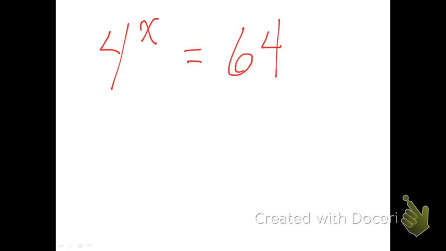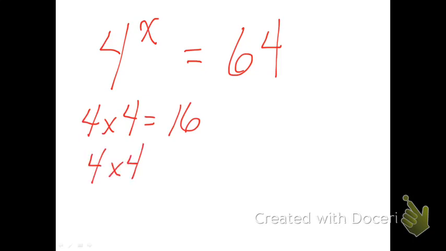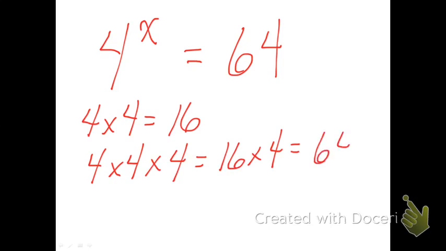Well, you could think in your head that 4 times 4 is equal to 16, so that's not it. And 4 times 4 times 4, we already know that 4 times 4 is 16, times another 4 is going to give you 64. So that tells me then that this is 4 to the third power.